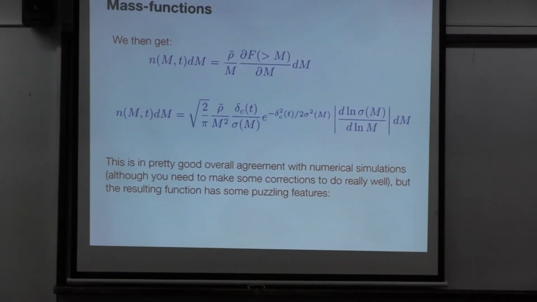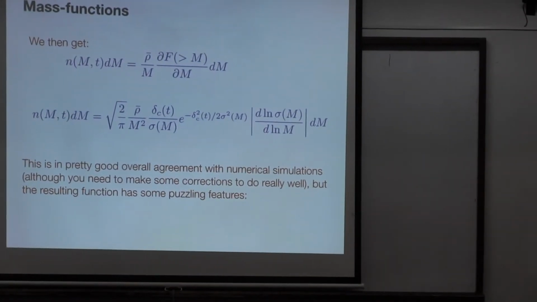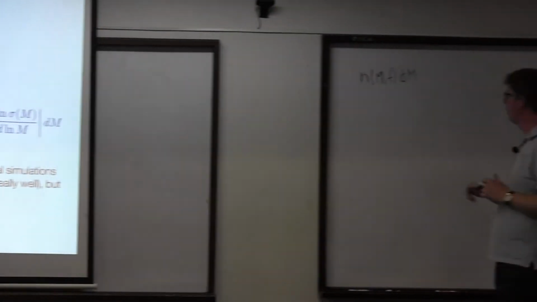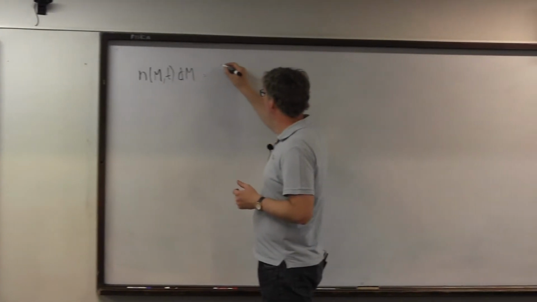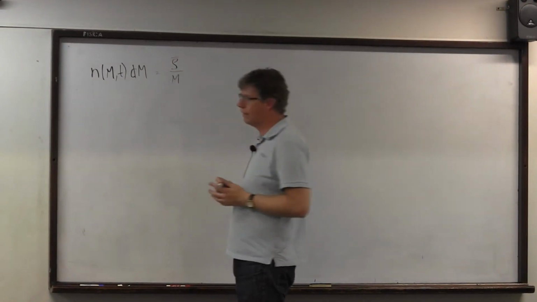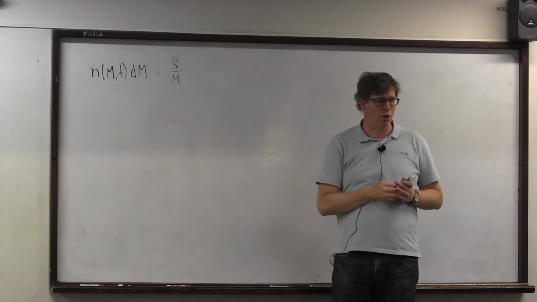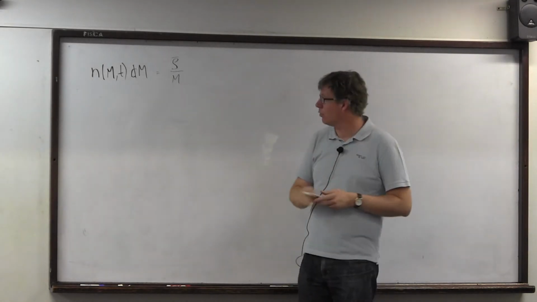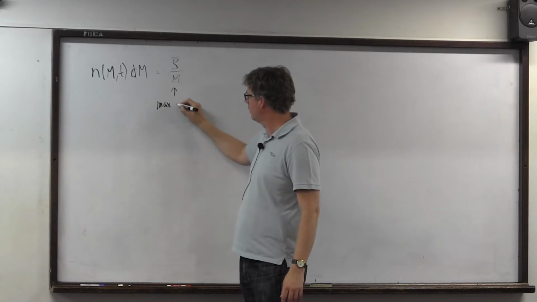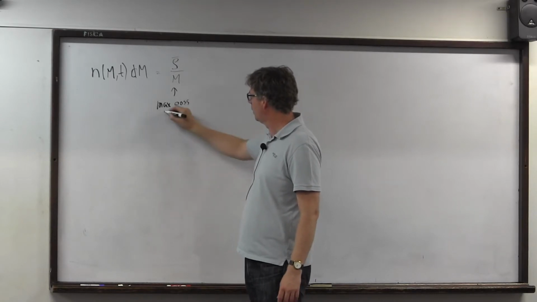For doing that, the first thing I want to calculate is the mean number of halos that I can have. So if I took all the density and divided it up into chunks of m, that's the maximum possible number.